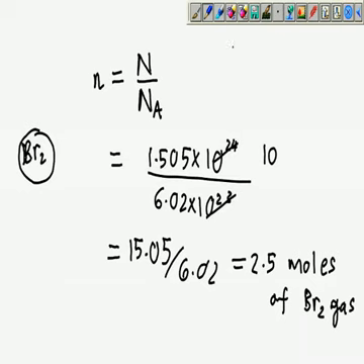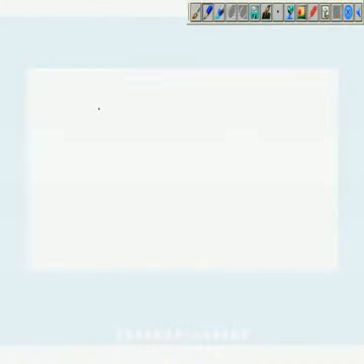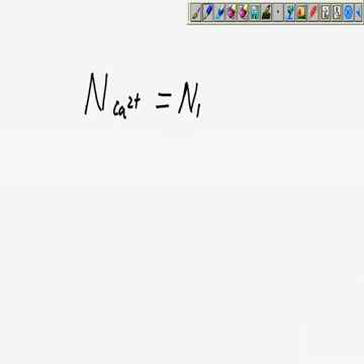Number 3. Calcium is needed for the formation of bones and teeth. How many calcium ions are there in a serving of cereal that contains 0.007 moles of calcium ions? Okay, very straightforward. You just find the number of ions, calcium ions. Okay, or to be more general, just ions. So this one, just number of mole times Avogadro's constant, 0.007 times 6.02 times 10 power 23.